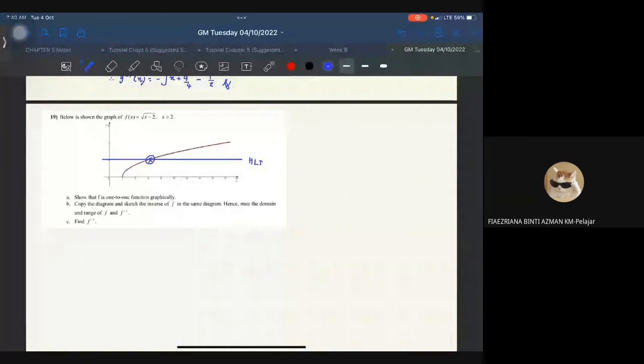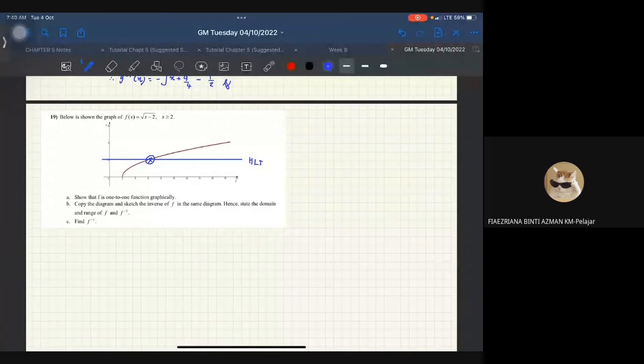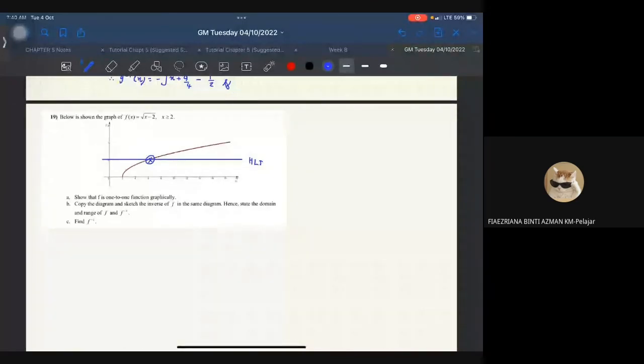Biasakan awak explain kenapa. Kenapa kita kena HLT? Kalau ada satu point yang langgar, kenapa? Kalau ada 2 point yang langgar, kenapa? Okay, so bagi reason. Alright, so based on this one, HLT cuts the graph at only one point, so it is a one-to-one function. Okay, so that is for the part A.